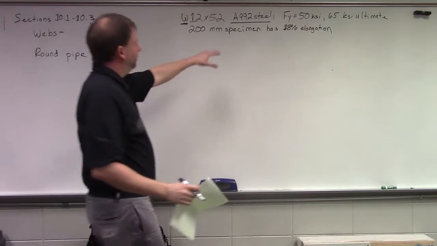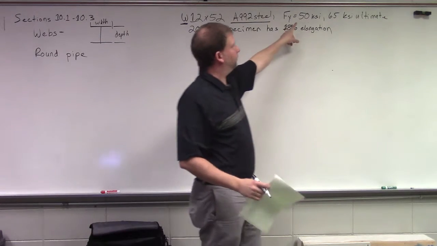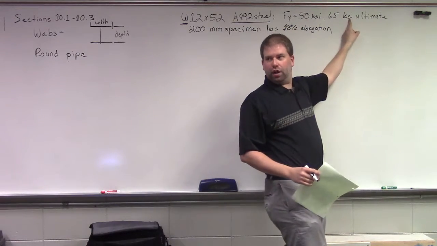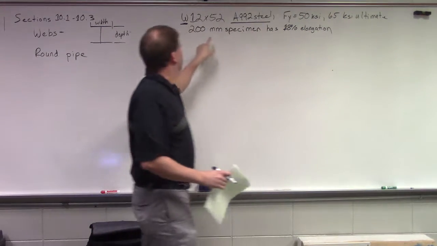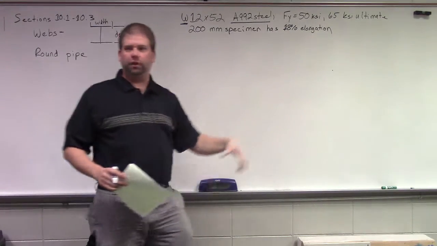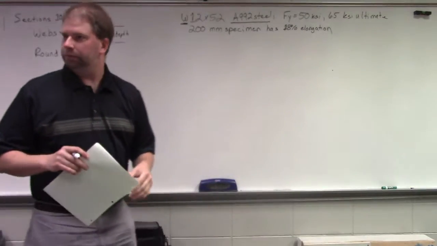This is a specification for this material. It has to have a yield strength of at least 50 KSI, an ultimate strength of 65 KSI, and a 200 millimeter specimen has to have at least 18% elongation. So it has to be able to elongate 36 millimeters before it fractures. Okay?